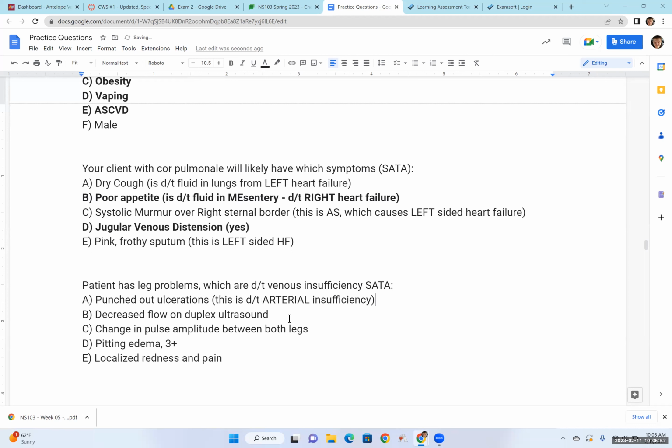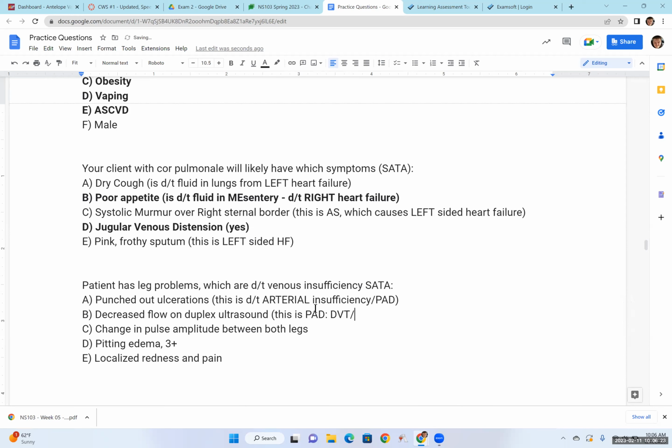DVT is just a thrombus. DVT is the progression of venous insufficiency. That's what it progresses to. The decreased flow on duplex ultrasound, that's also PAD, right? What would it show on DVT?